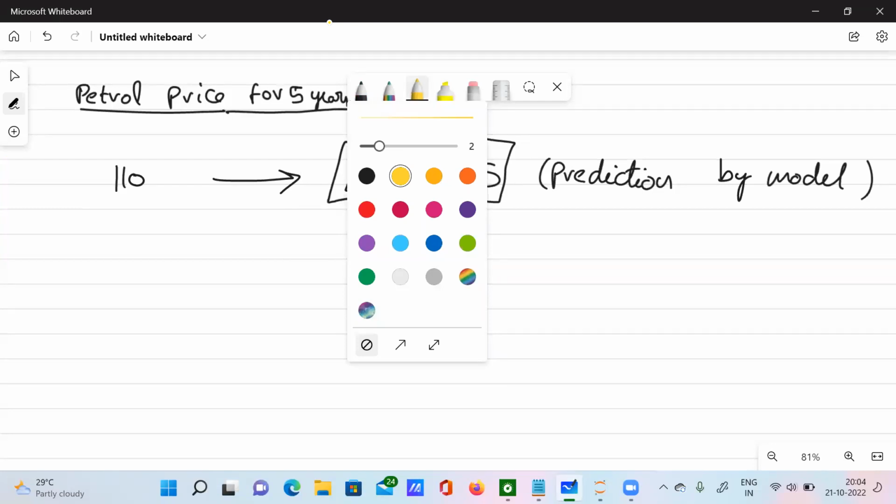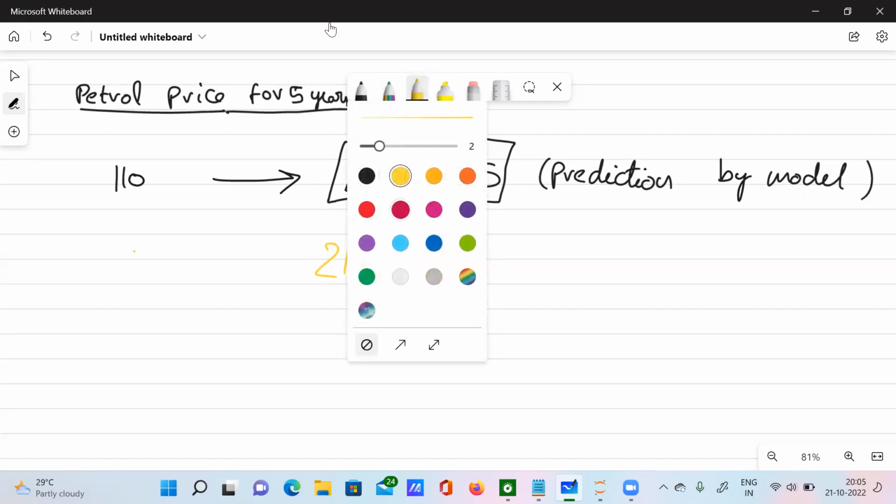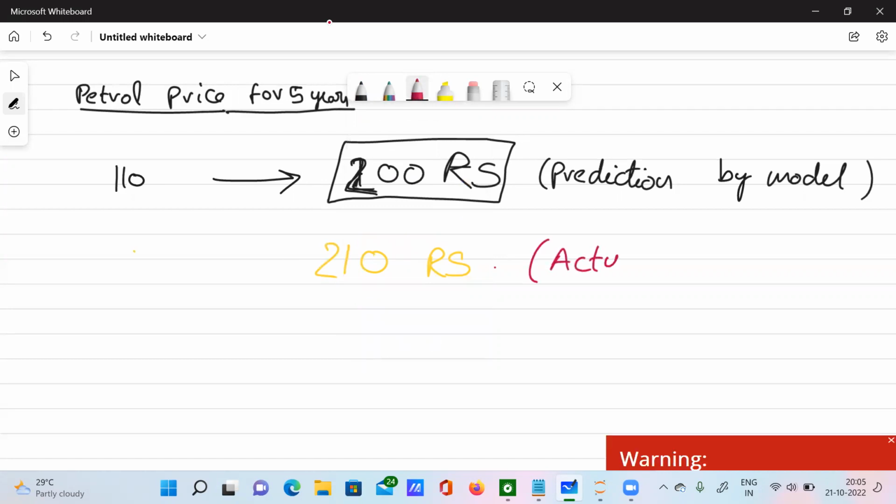The actual scenario would be that in the coming years the price would be, let's say, 210 rupees. So this is the actual thing.